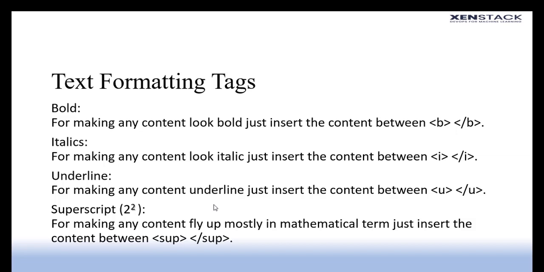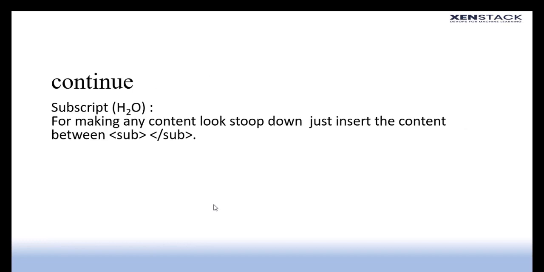So we have to use the sup tag here. Next comes subscript. Like superscript, subscript can also be used for scientific terms like H2O, which is the scientific formula for water. If you want to write H2O, we have to write the 2 between the sub tags. Sub is short for subscript.